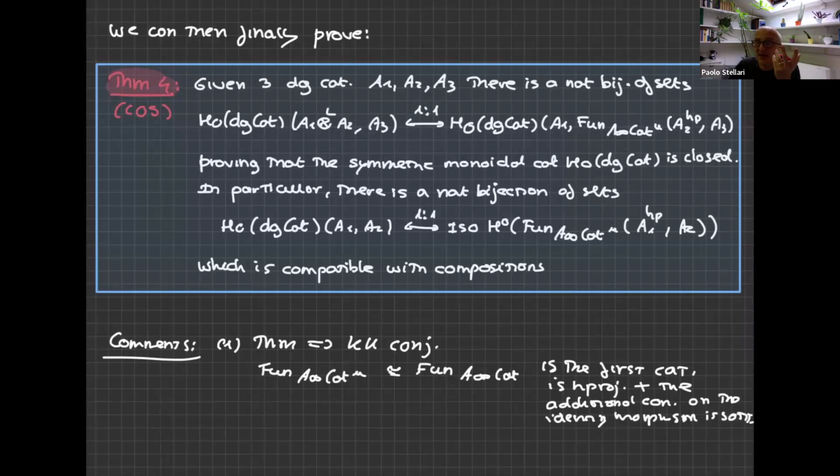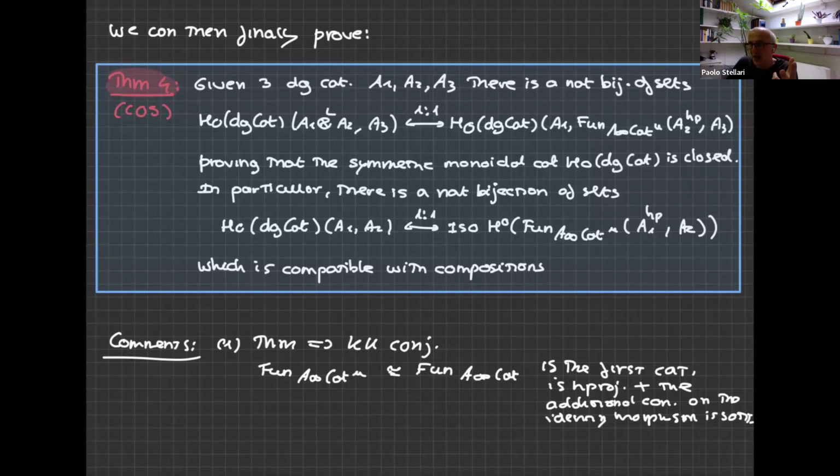So if you want, our result is not only a proof of the conjecture, but a proof of a much more general version of the conjecture. We don't need to assume that the category is H projective, and we don't need to assume that you have this retraction of the identity morphism.